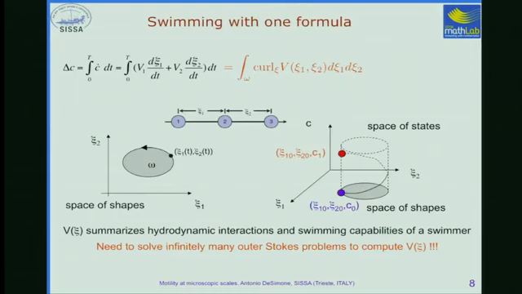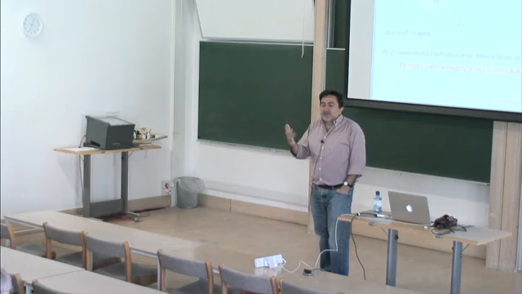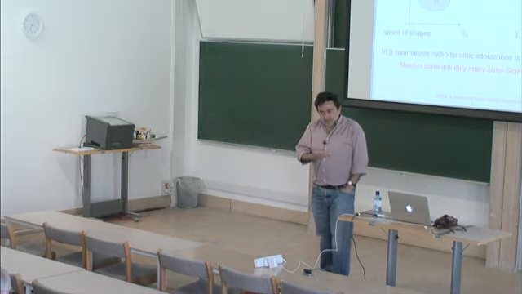Okay, so I want to move to crawling. And why did I do this long introduction? Because I want to look at a special system. So let me summarize what we have learned. There are cases in which your first bet would be that, since the constitutive equation of the medium is linear, Stokes, and stresses depend linearly on velocities, the system is linear, so to speak.